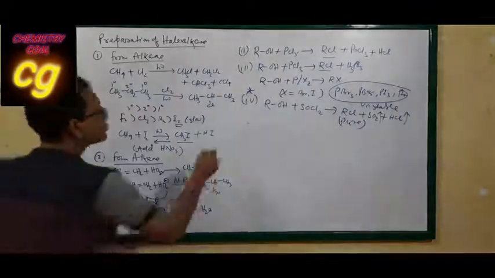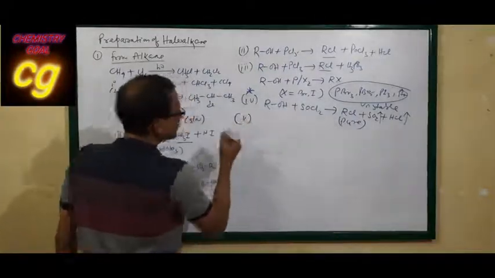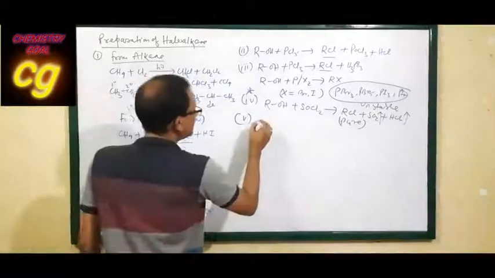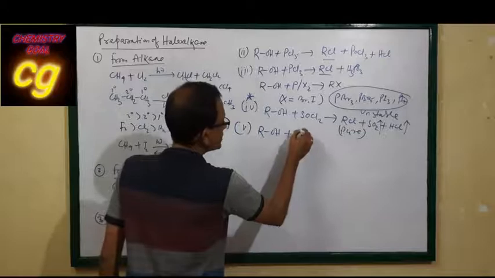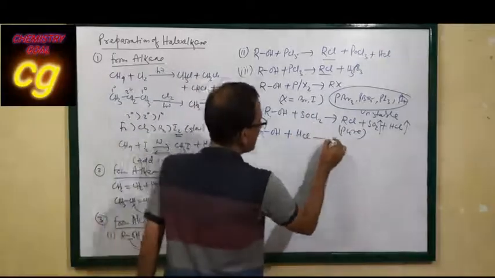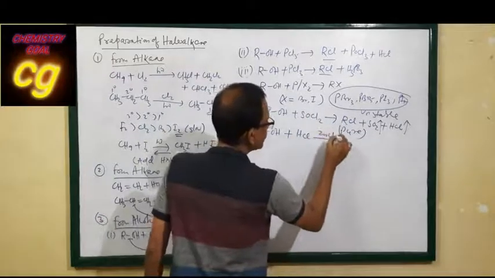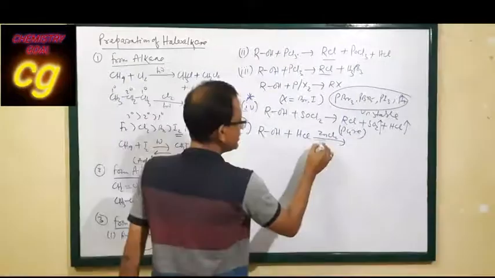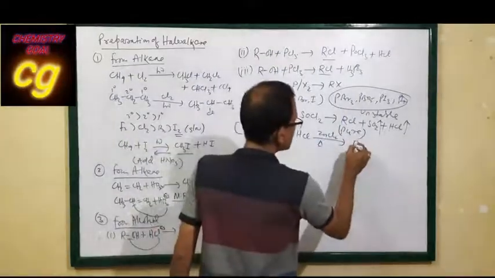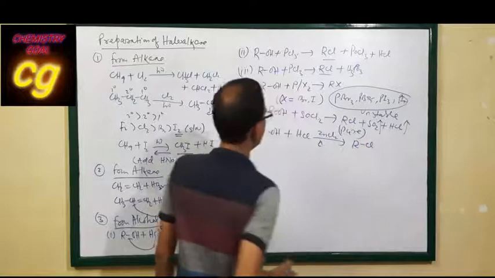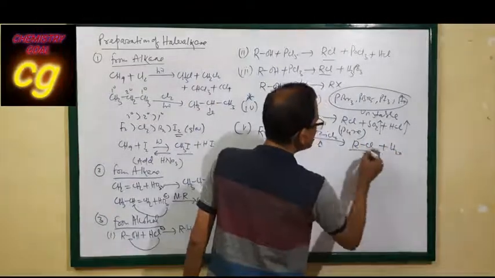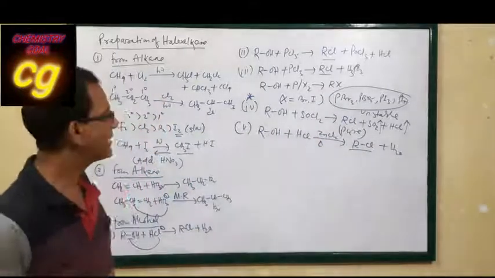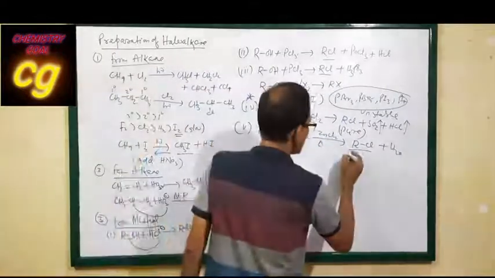Then you can also prepare haloalkane using Lucas reagent, that is alcohol plus concentrated HCl and anhydrous zinc chloride. On heating it produces RCl as the main product, then water. But this RCl is obtained as turbidity.